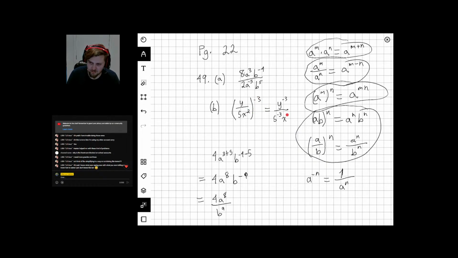So what power of x am I going to have here? So for part b, I just want to make sure I wrote this down right.